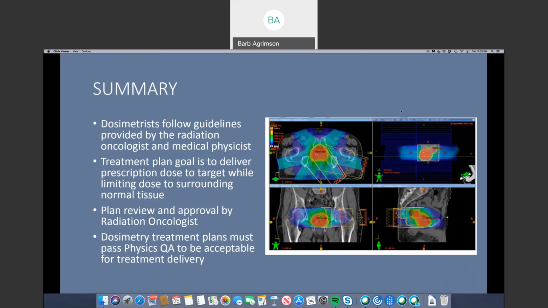We have the radiation oncologist review and approve the plan before moving forward with the physics review. The treatment plans coming from dosimetry must pass physics QA before they can be acceptable for treatment delivery. If the plan should not pass QA, the dosimetrist then is back to the drawing board to create a new plan. The radiation oncologist will have to re-review and approve it, and physics will then perform another QA on the revision.